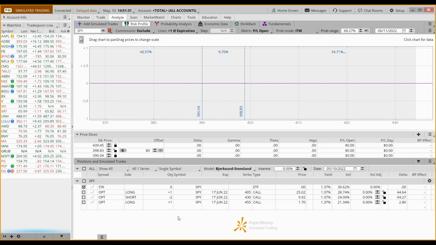But to get more of a directional bias, instead of a calendar, you would look at a diagonal. A diagonal is going to give you more of a directional bias. But when it comes to the calendars right now, we're only thinking neutral. Now, volatility is not ideal, but we're going to build it anyway.